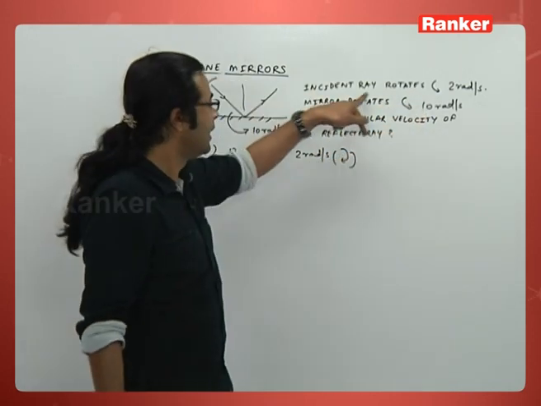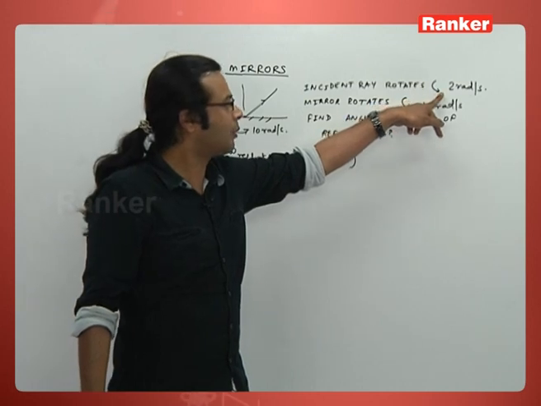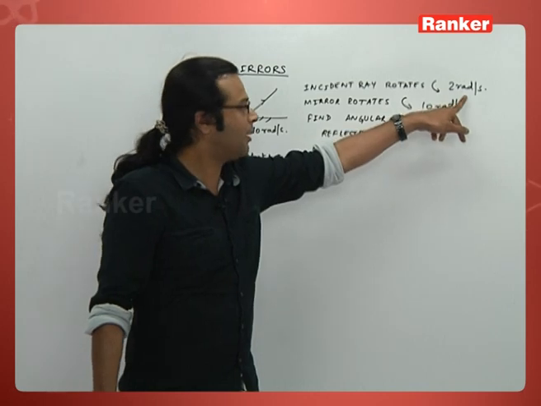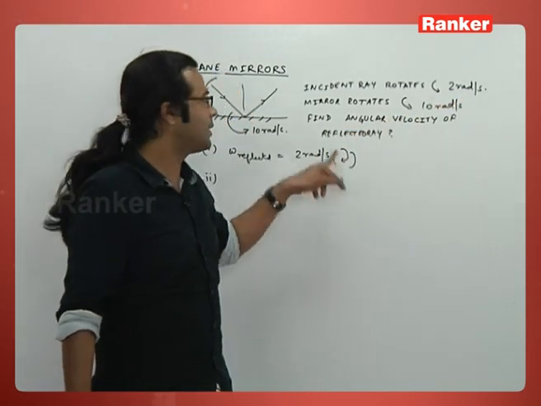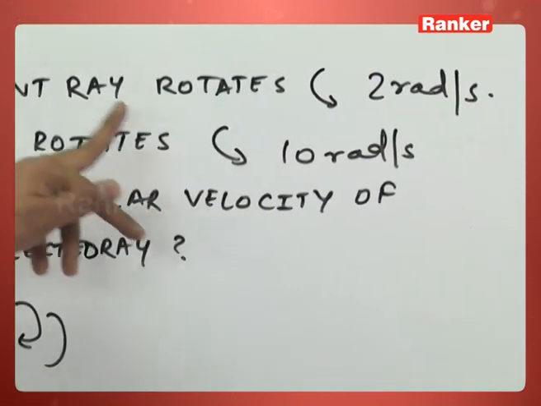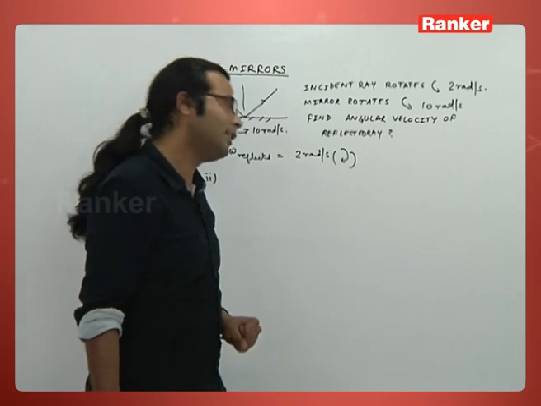In the first case, the incident ray is rotating by an angle theta anti-clockwise, so the reflected ray will rotate at the same 2 radian per second in the opposite sense. Second, when the mirror rotates by an angle theta in the same sense, the reflected ray will rotate by an angle 2 theta in the same sense.